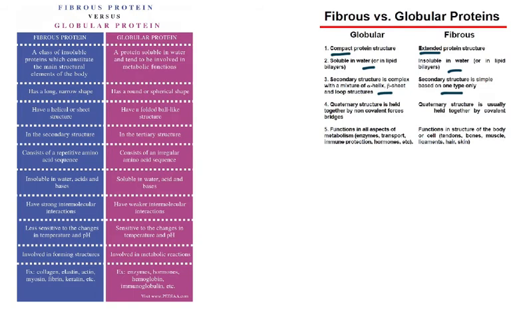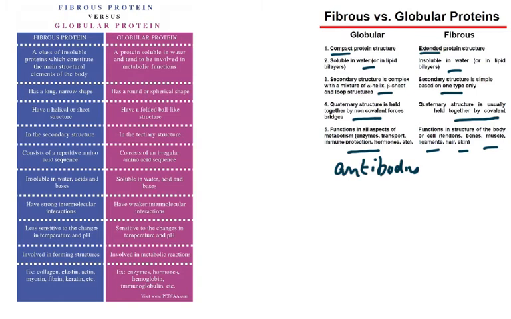Quaternary structure is held together by non-covalent forces. Here it is held together by mainly covalent bonds. And functions, of course, are enzymes, transport, immune protection like antibodies, and hormones. So we have to understand then fibrous proteins, as we've talked about, in tendons, ligaments, hair and skin.